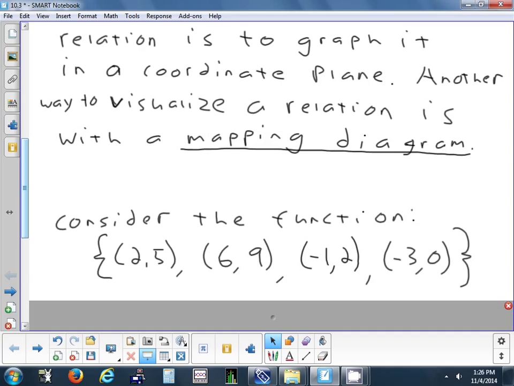As you're looking at your paper, on the left-hand side, what do you think those numbers are going to be, based on what we talked about yesterday? Any numbers we list on the left? Isaiah. That's going to be x, which is also known as the domain. So if you want to put domain, maybe in parentheses, put x. So you know those are the x coordinates. Domain is D-O-M-A-I-N.